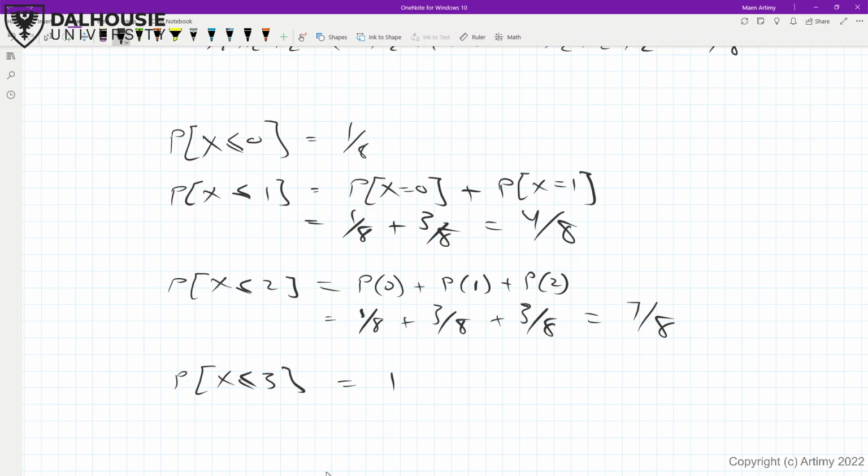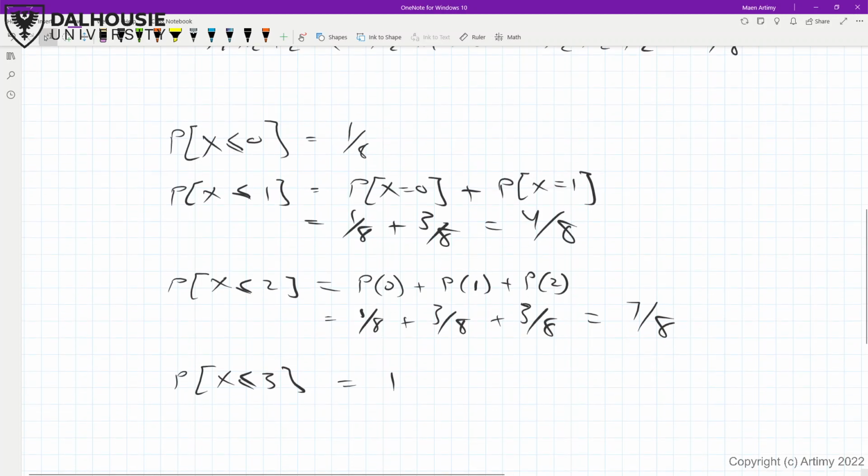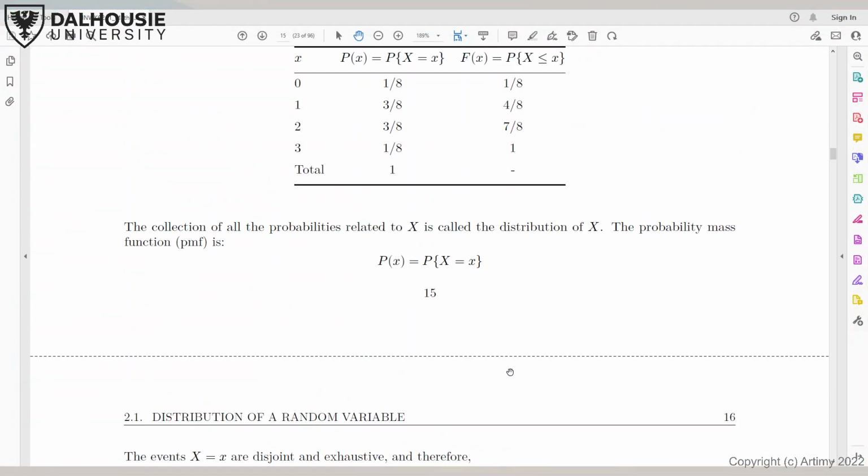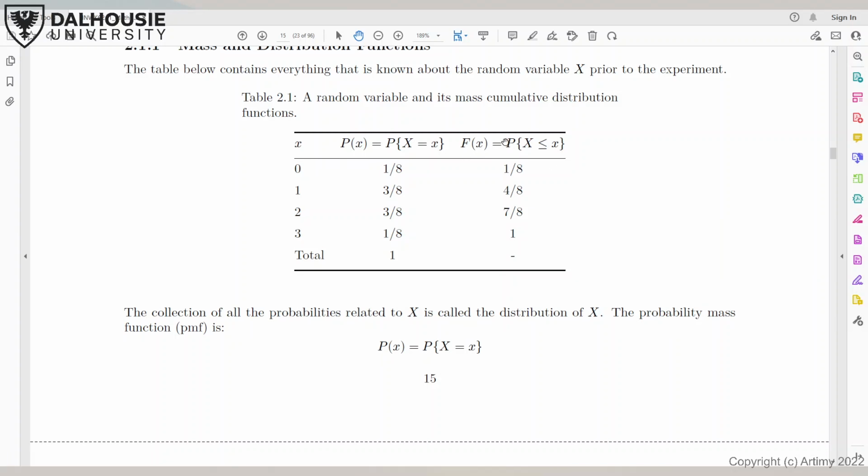All right. So this, we'll call the cumulative distribution function. We could represent it by the probability that x is equal or less than small x, or I can represent it simply by the capital F here.